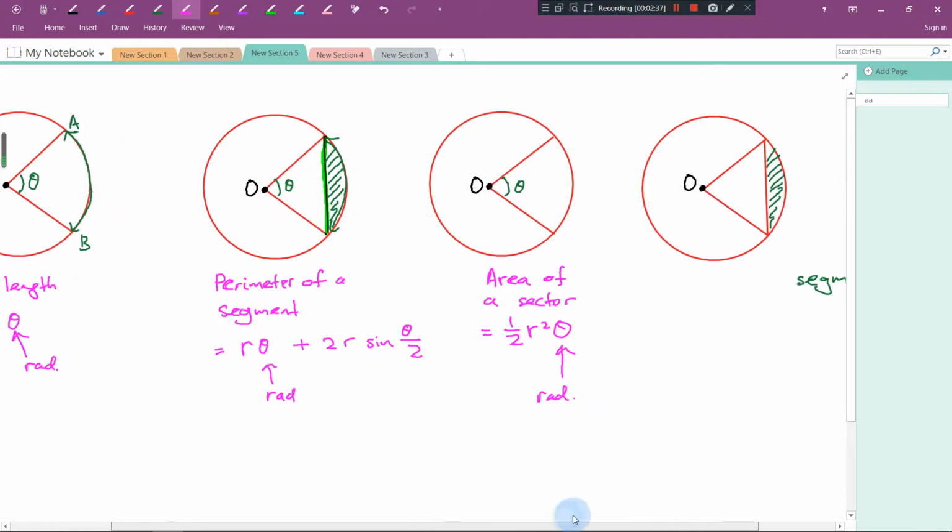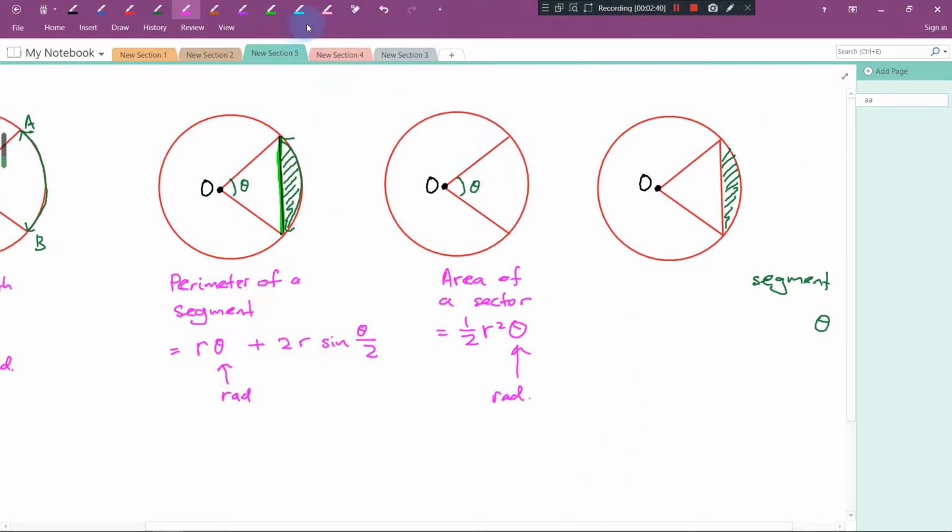Okay, last we learn about area of a segment. If you want to find the area of a segment, we know that we have to take the area of a sector minus the area of this triangle, right? So that we can get the area of the shaded segment here. Area of the sector is 1 over 2 r squared theta.